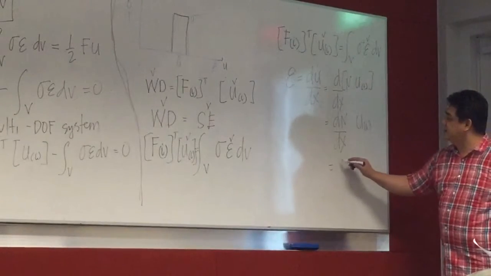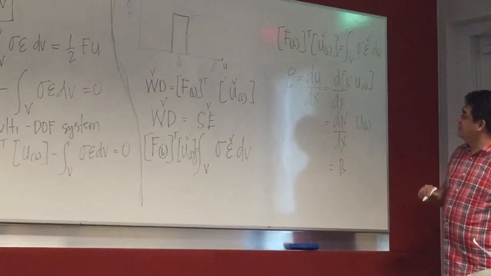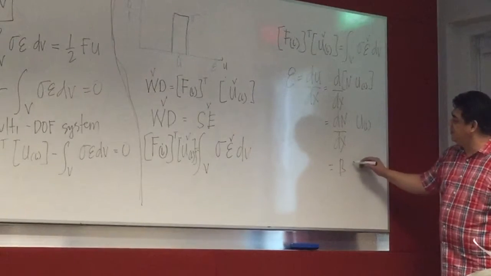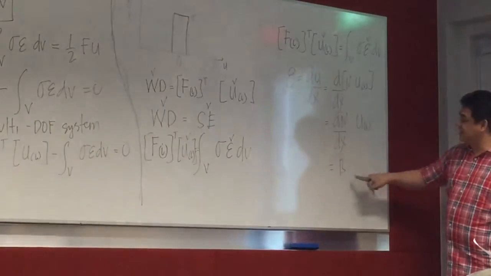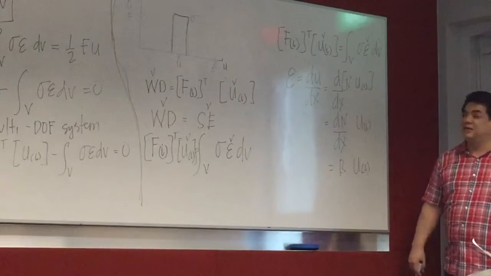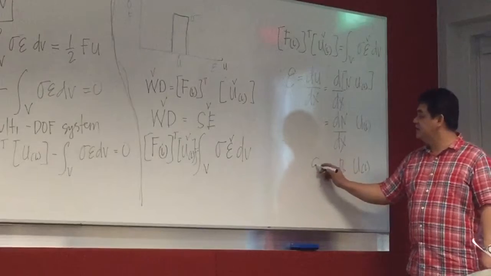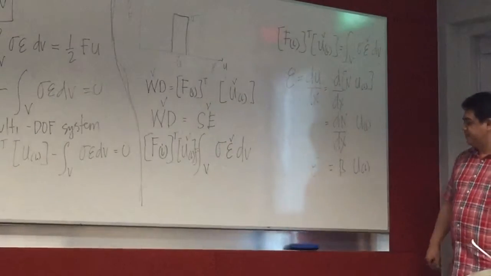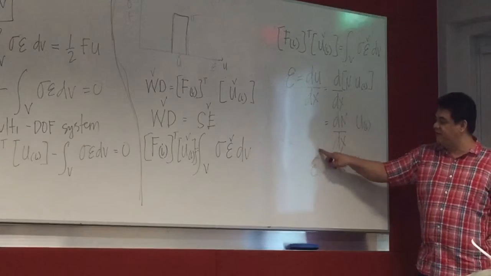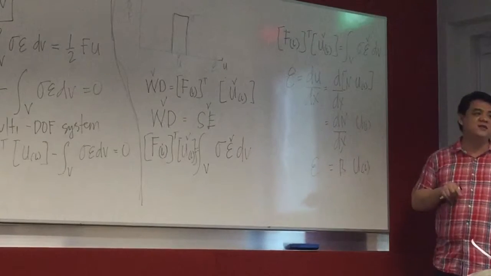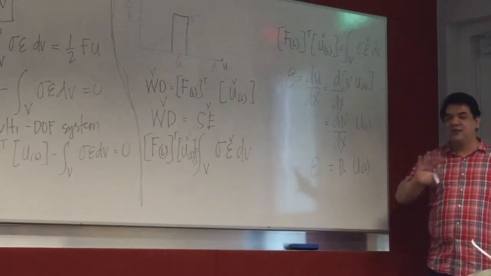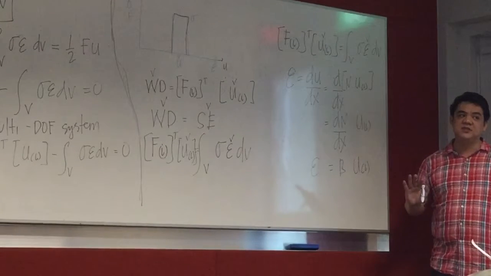Check me here if I'm wrong, whether there's a transpose there, that will be B, dN dx is B, so you have ui. So this will be your strain. So anything that has to do with virtual, you will have a v here and a v there. But take note, your virtual displacement is just another identity matrix.